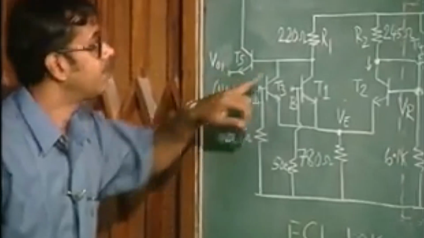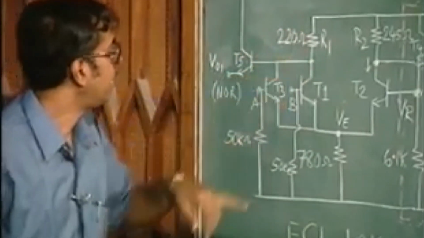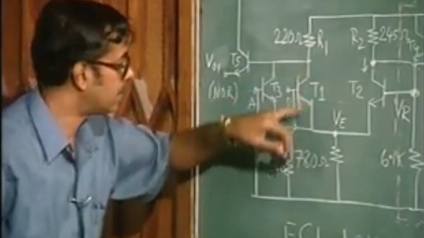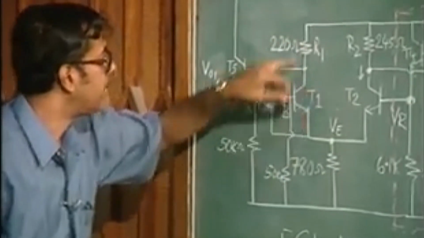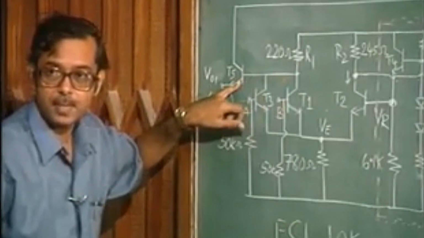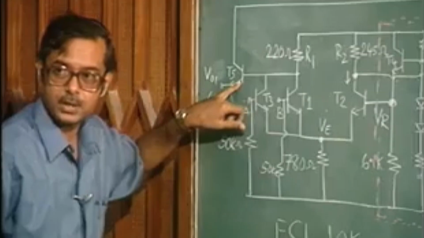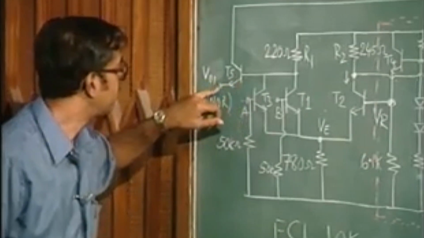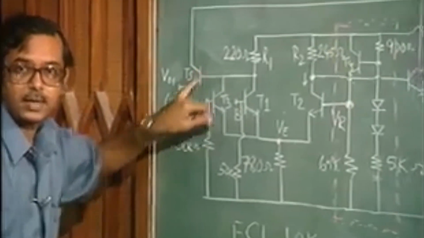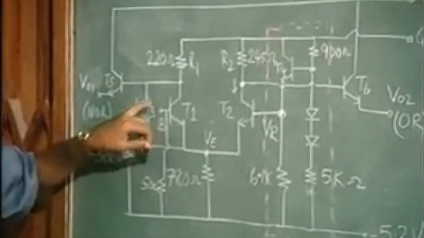Now, there is no current flowing normally through this, that is basically IC1 is 0. There may be a current flowing, which is the base current of T5. So that is going to be the emitter current of T5 divided by beta plus 1.